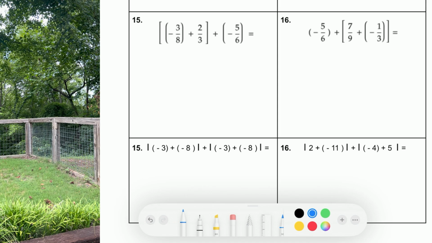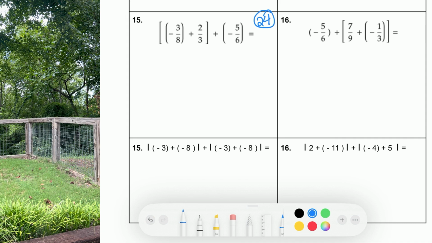So if we change all of our fractions at the same time, then we can do all of that in one step and then work forward solving it from there. So let's go with 24 as our common denominator.